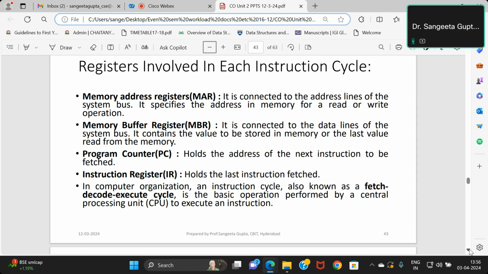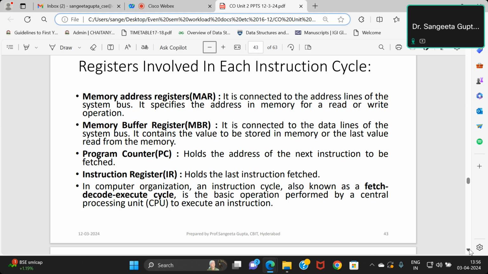Another important register is the program counter. The program counter holds the address of the next instruction which has to be fetched. Then the instruction that is fetched will be stored in the instruction register. In short, the instruction register holds the currently executing instruction or the lastly fetched instruction.